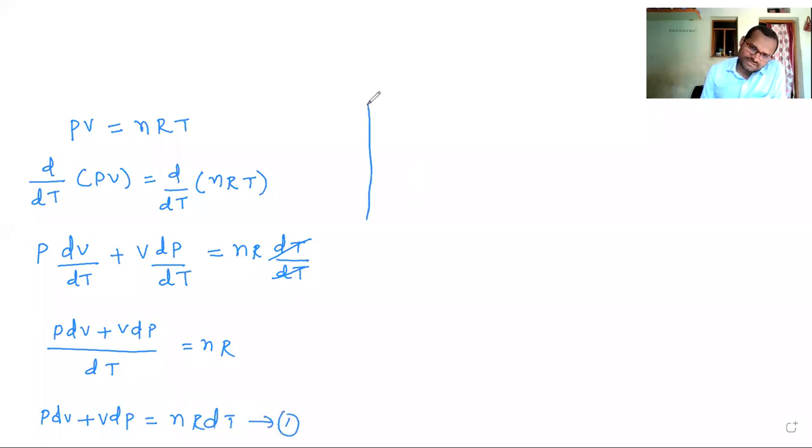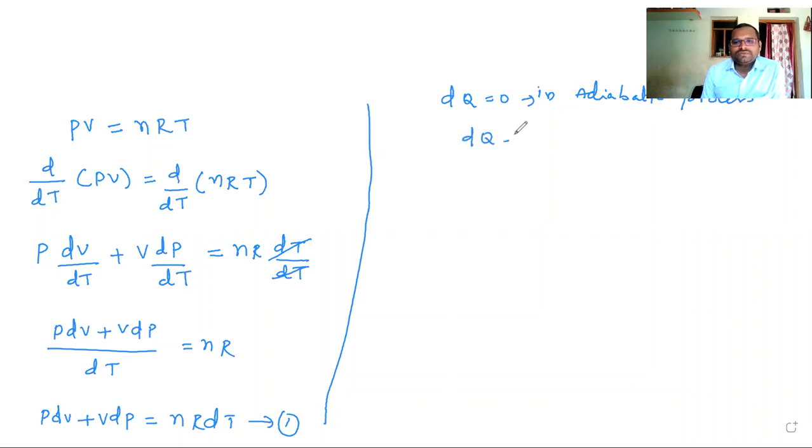One more thing. In the adiabatic process, dQ is equal to 0. We know dQ is equal to dU plus dW. As dQ is 0, dW will become minus dU.